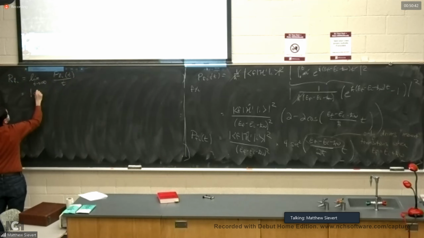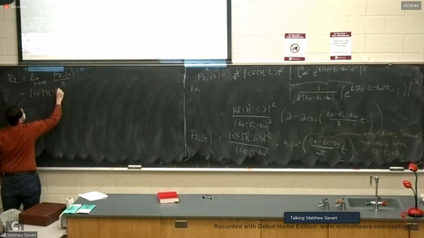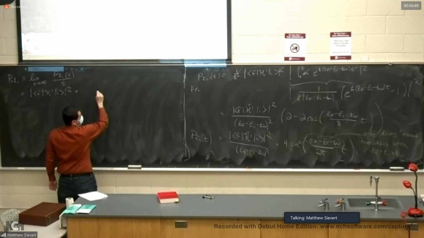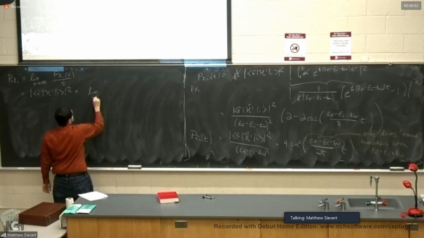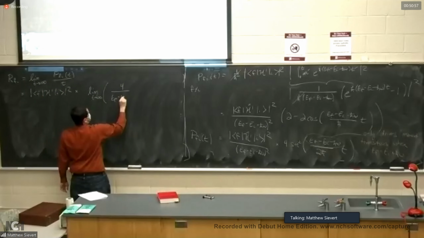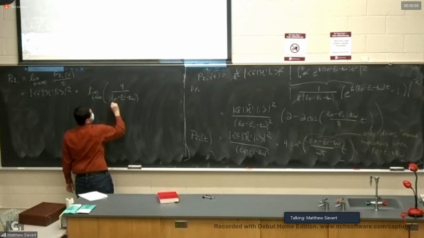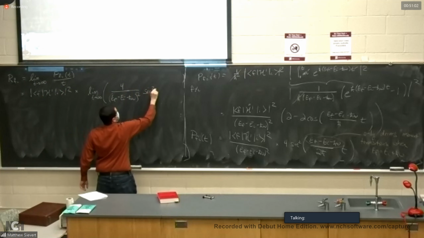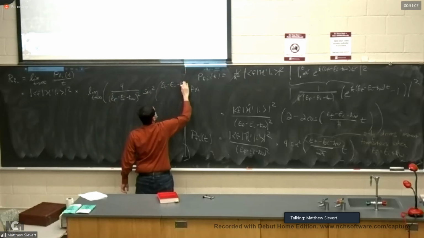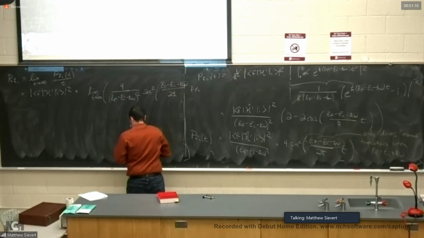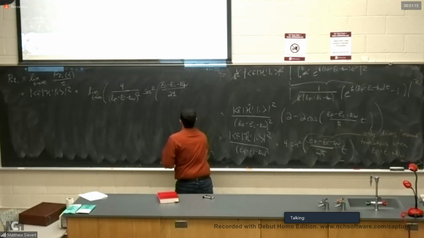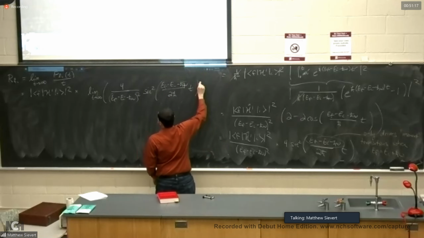So this is final Hamiltonian initial squared times, in the limit t going to infinity, we already have 4 upstairs, E final minus E initial minus h bar omega squared downstairs, sine squared of E final minus E initial minus h bar omega over 2 h bar times time.